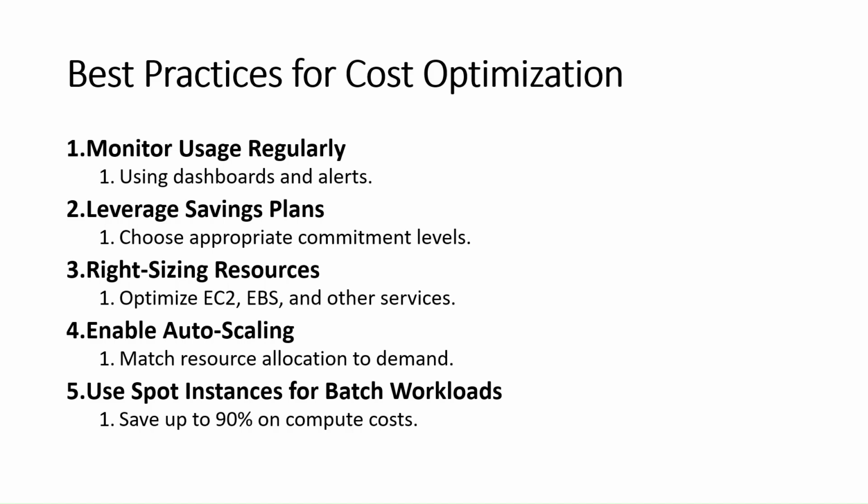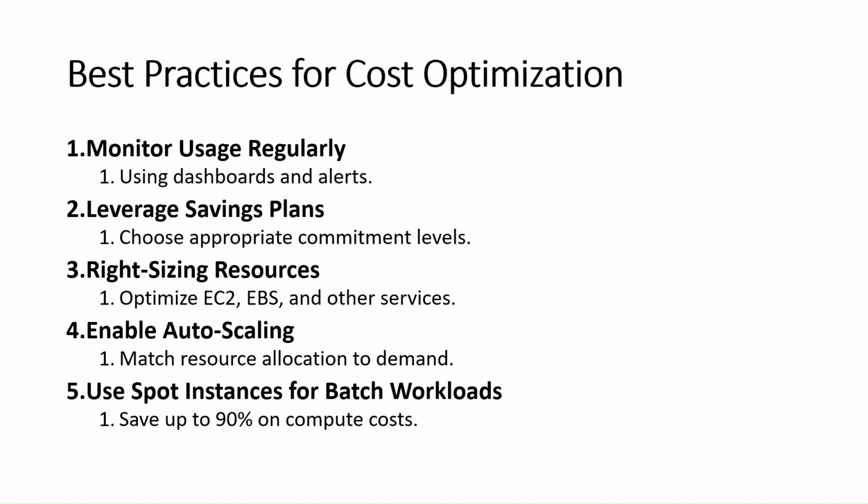The third best practice is right-sizing resources. You need to avoid paying for oversized or underused resources. Make sure the services you use are the right size for your needs.